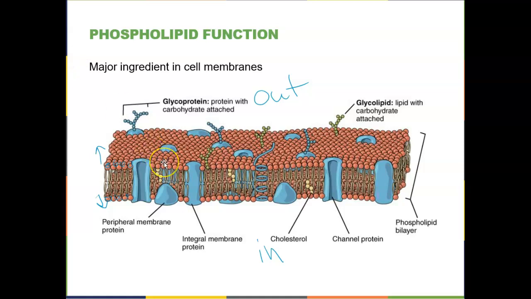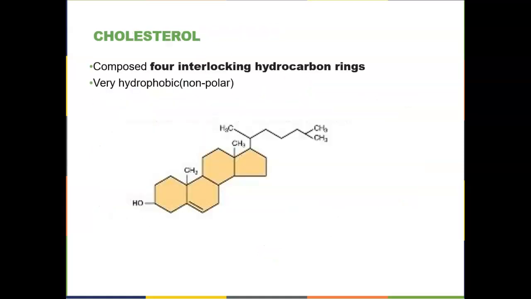So it is what is called the phospholipid bilayer, and this is the basis upon which your cell membranes are built. So you start with phospholipids, and then you add, if you look here, there are some proteins, and then here's some cholesterol, which we're going to get to next.